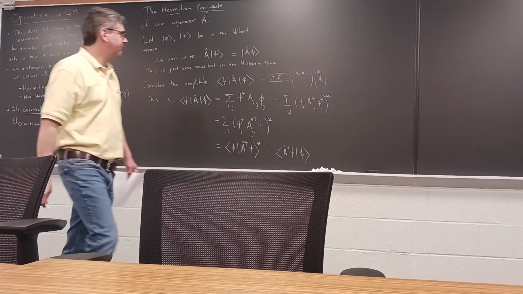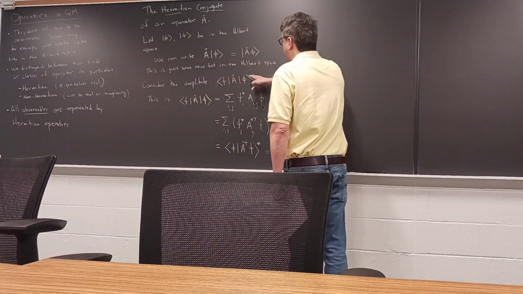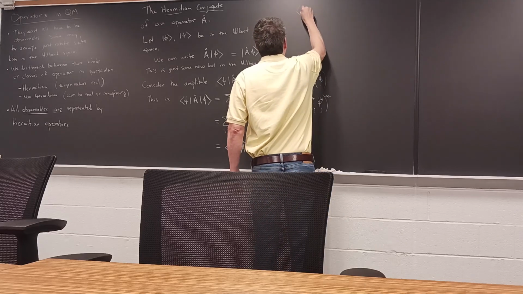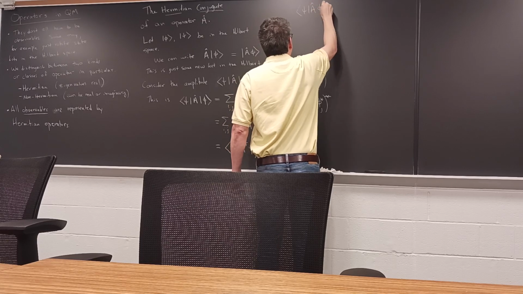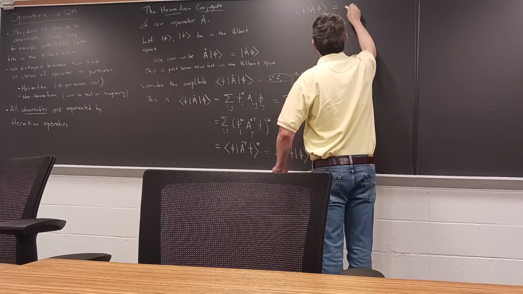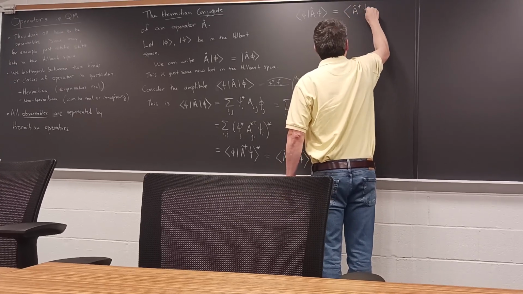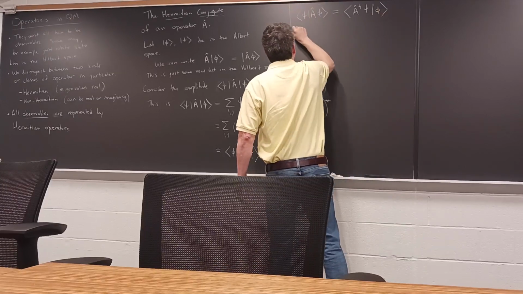Okay, and so I have this particular relationship here. I can write this amplitude as psi A hat phi, but that was equal to this, which is A hat dagger psi phi.